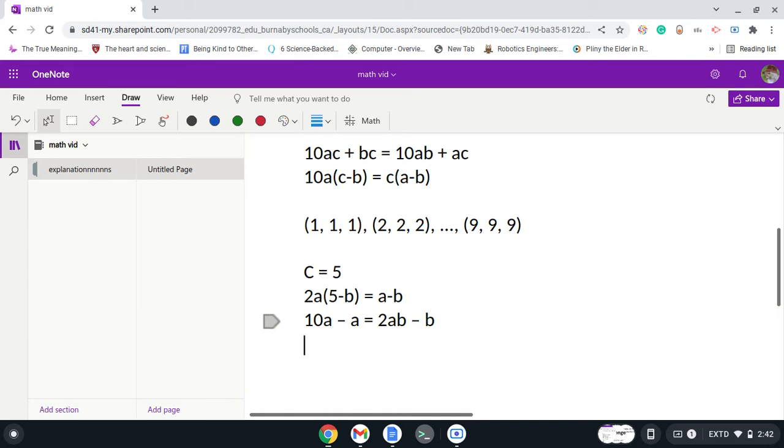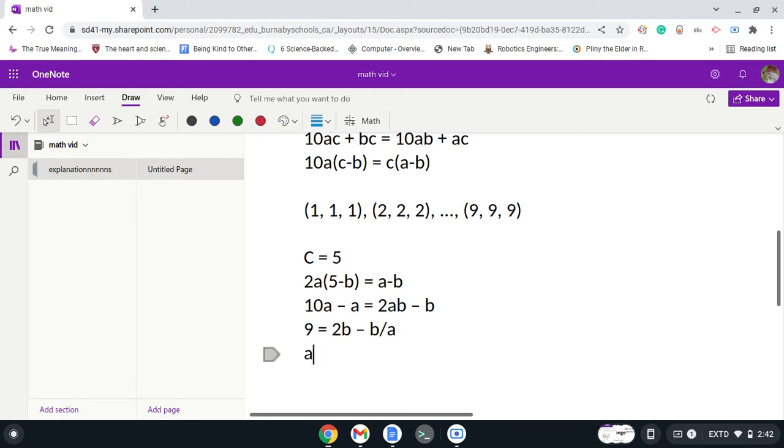So we divide both sides by a to get 9 is equal to 2b minus b over a. Since the left-hand side is an integer, 9, the right-hand side must also be an integer. So this means that a must divide b.